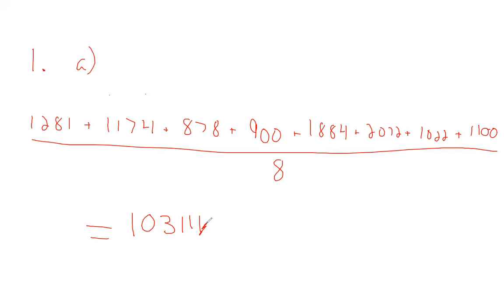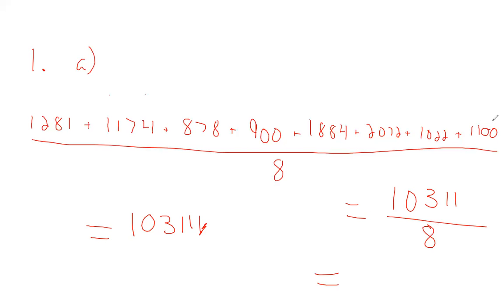878 plus 900 plus 1884 plus 2072 plus 1022 plus 1100 and so on. On the top we got 10,311 total dollars over 8 years. It wouldn't make sense for this to equal 100,000.